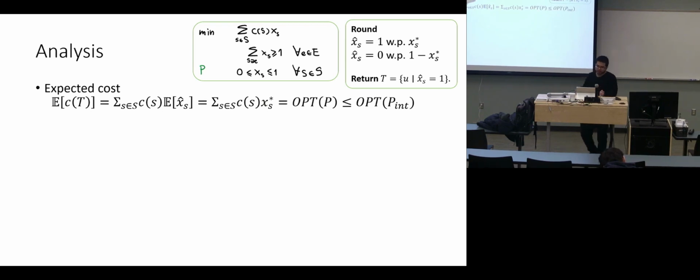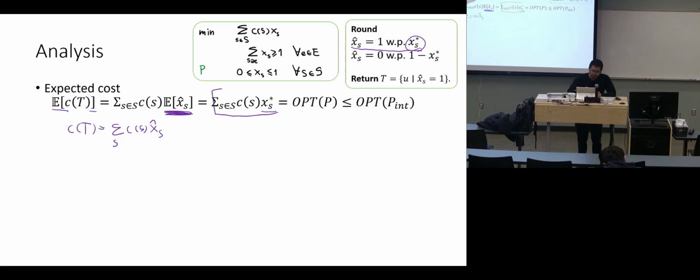By linearity of expectation, the expected cost is a sum over all sets of C_S times the expectation of X hat S, and the expectation of X hat S is just X star S, because you choose X hat S to be 1 with this probability.